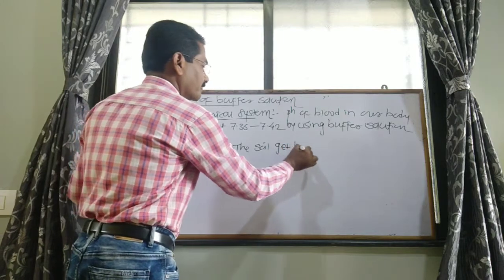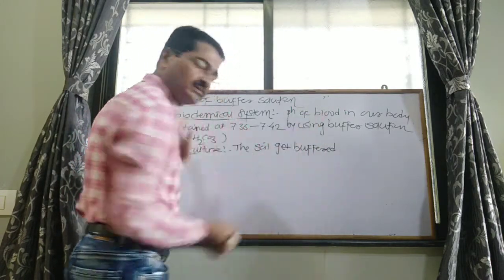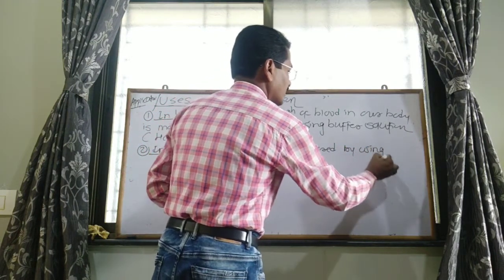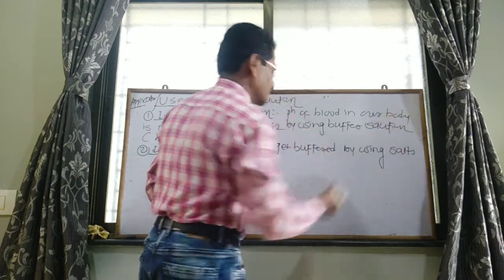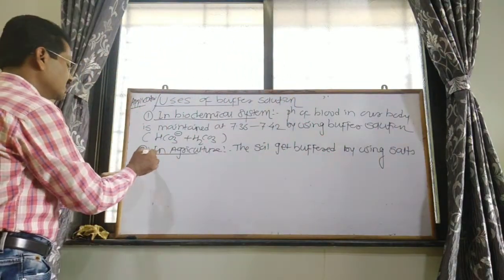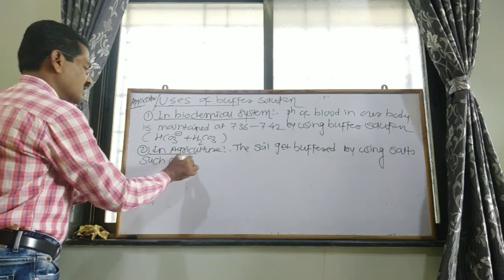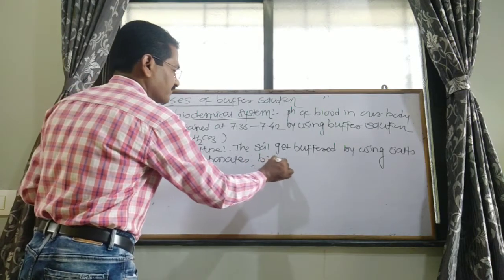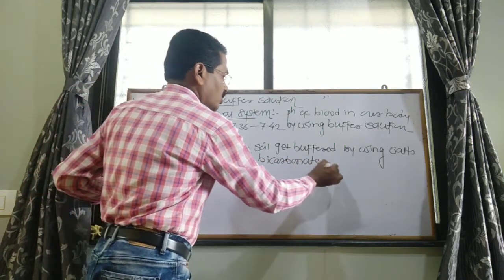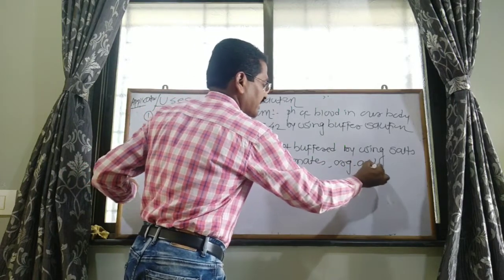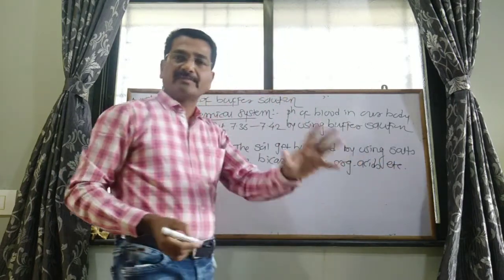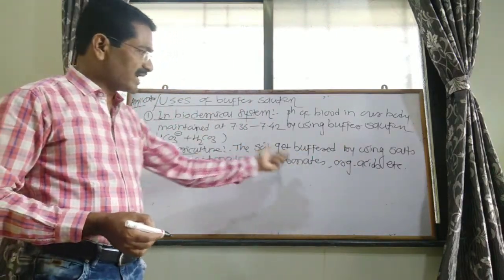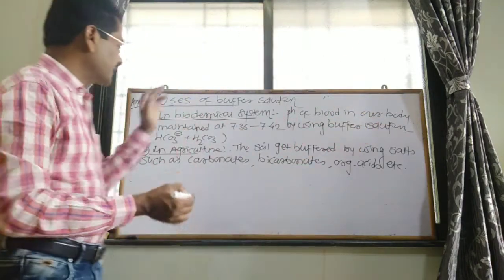The soil gets buffered by using salts such as carbonates, bicarbonates, organic acids, etc., which are already present in the soil and can act as buffer solutions. So that is the agriculture purpose.